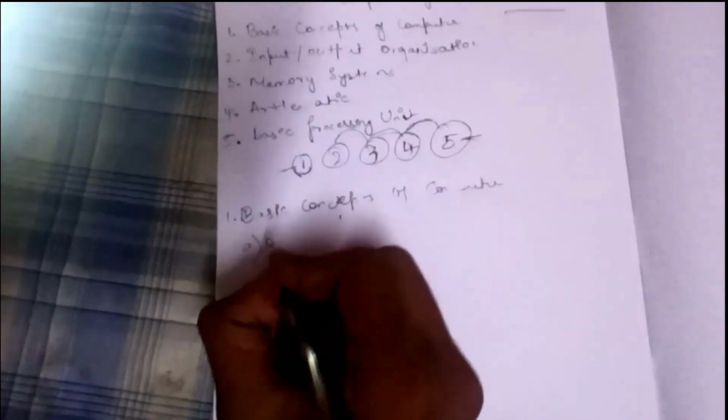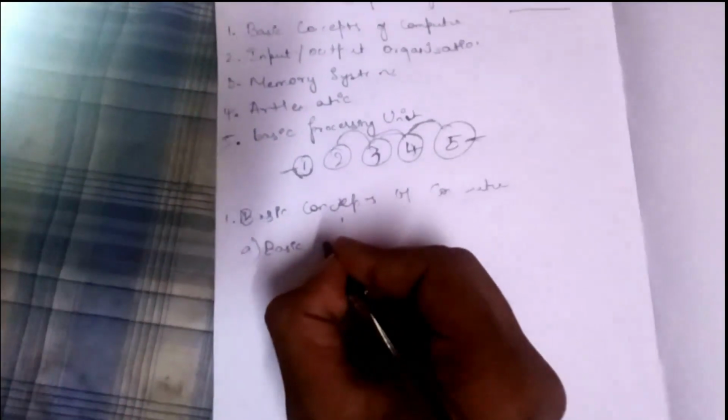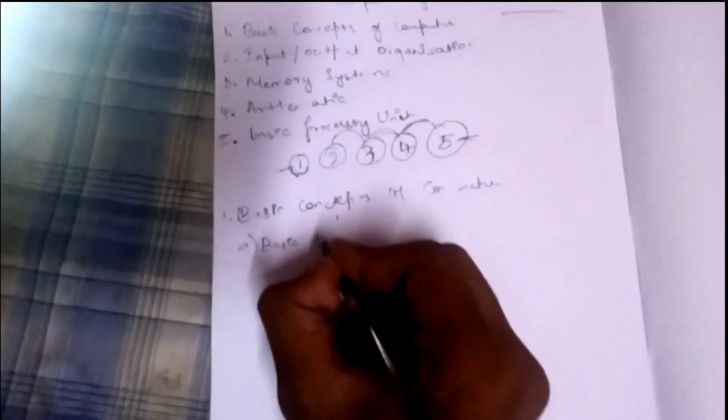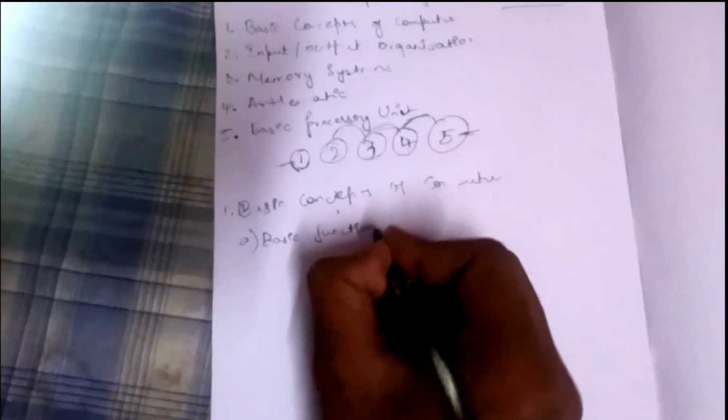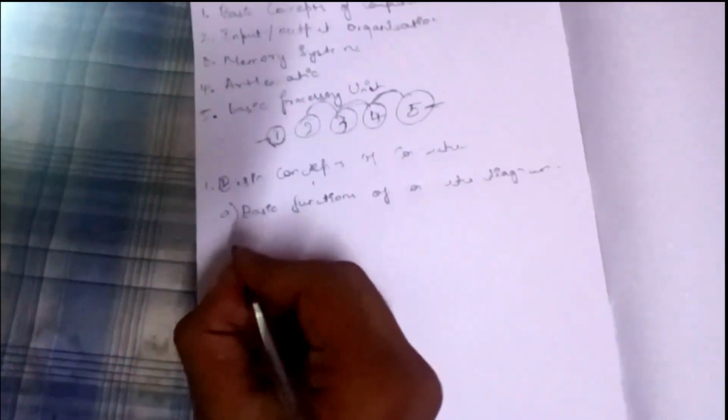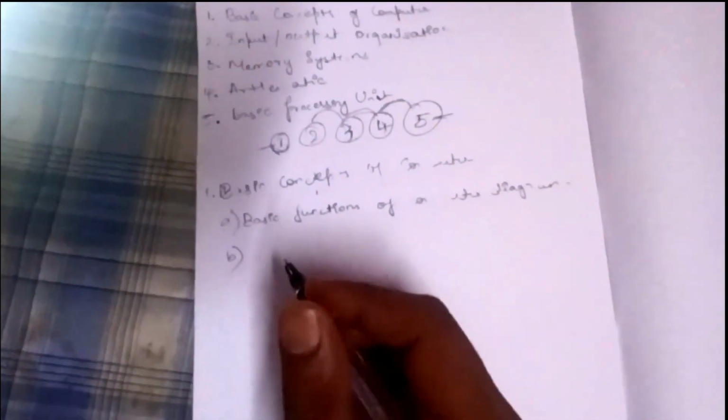The first question is: what are the basic functions of computer? It will have a diagram. You have to study this with the diagram, basic functions of computer. Now the second question is basic operational concepts.